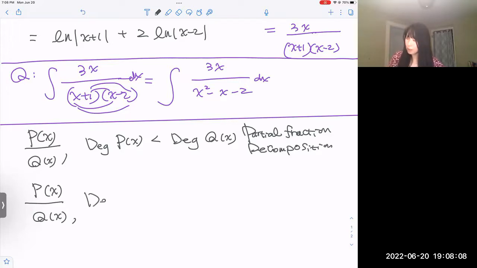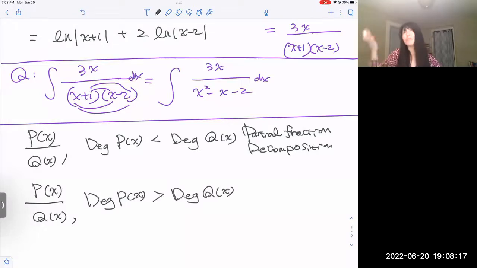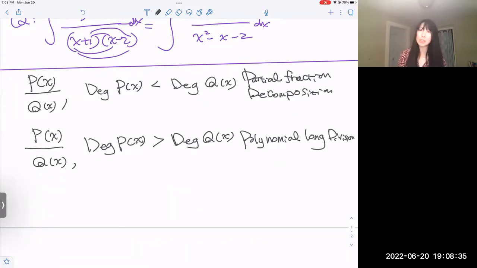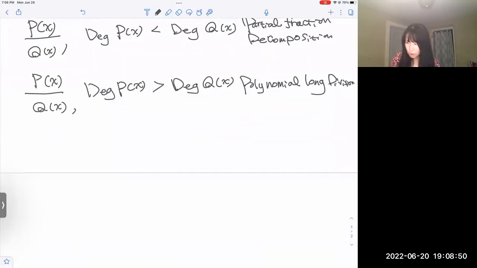All right, if the degree of the numerator is greater than the degree of the denominator, then like in algebra, we use polynomial long division. So let us do polynomial long division first, and then use partial fraction decomposition, because we learned the polynomial long division method in algebra and precalculus, right?